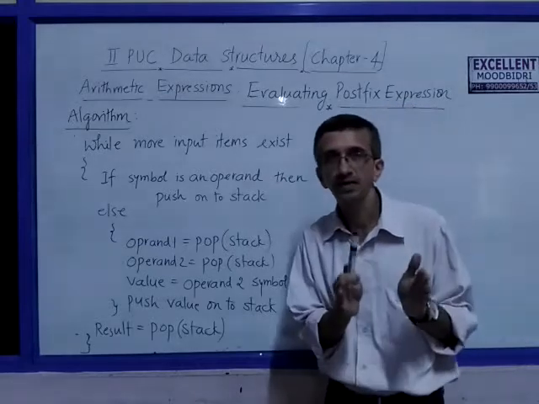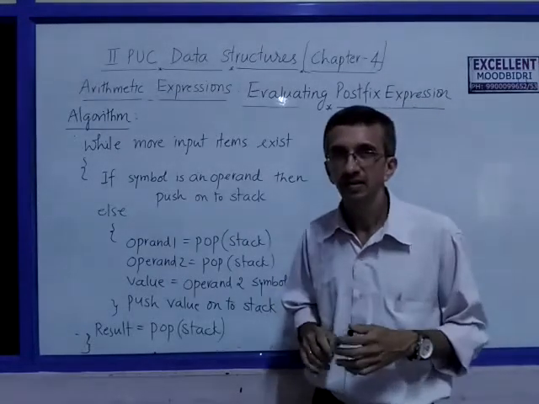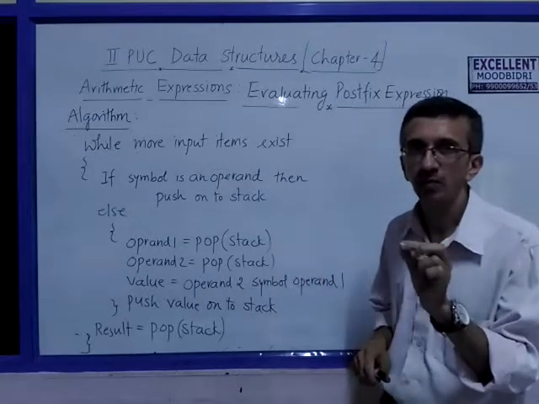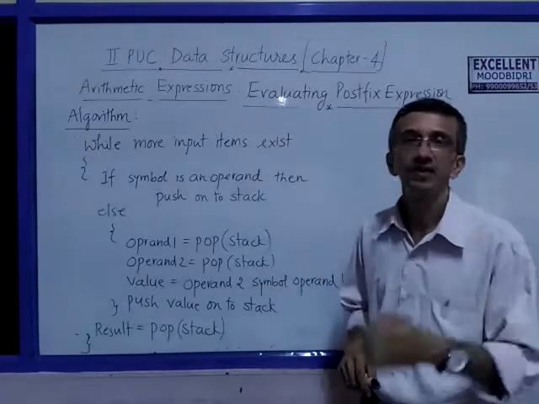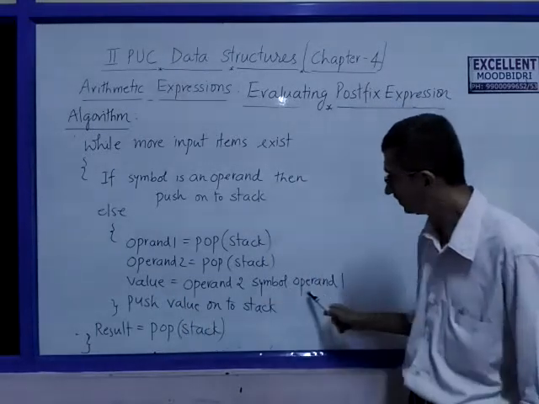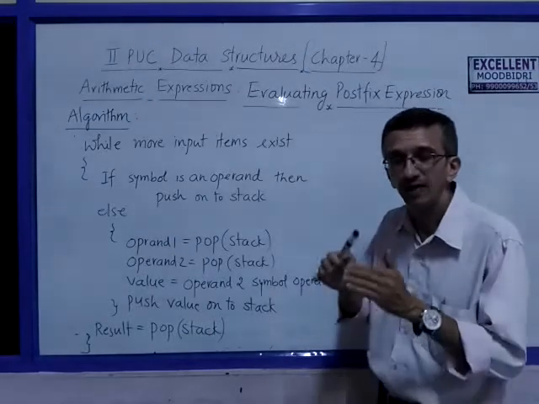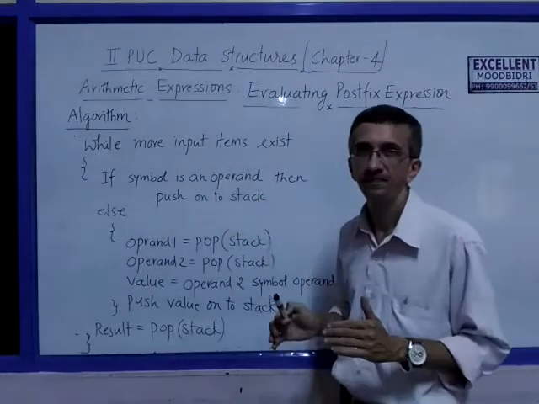The postfix expression contains various operators along with the operands. Any operator corresponds to its two previous operands. That is why after doing that particular operation, like operand 2 symbol operand 1, the value of that is again pushed onto the stack.